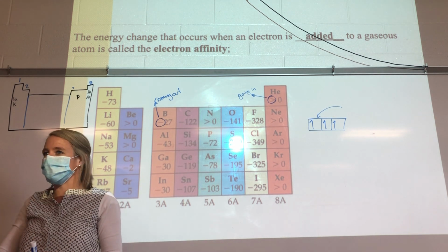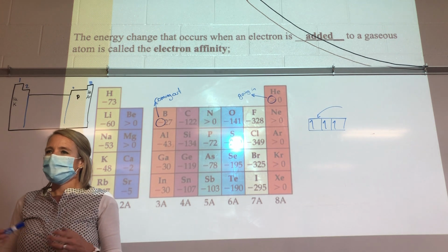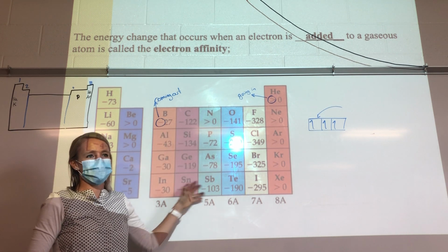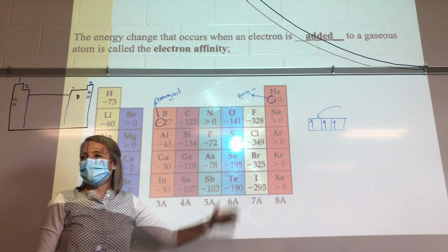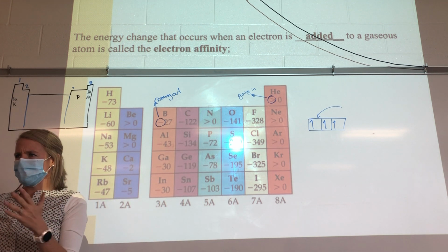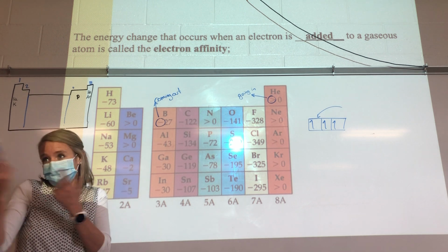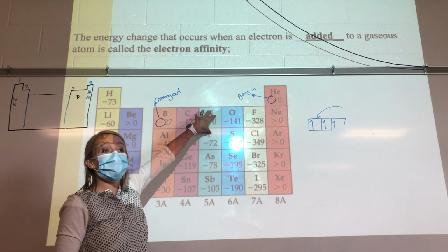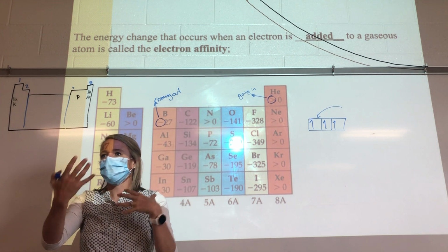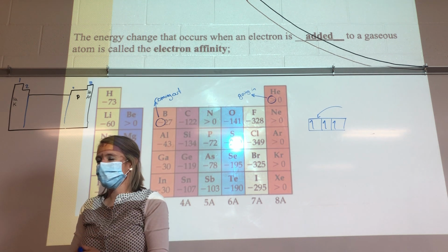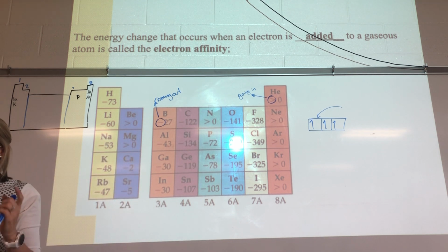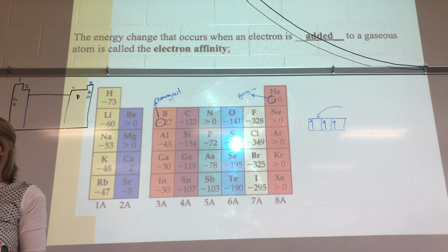I want you to know what it is, but because it's so up and down, you wouldn't normally rank them like we did the other questions. What you could see is questions like what Bryce answered, where they give you data and then you answer questions about it. But okay, I'm not going to start electronegativity because I don't want to get halfway through. So we'll finish that up next time.